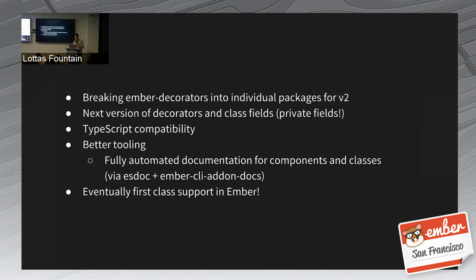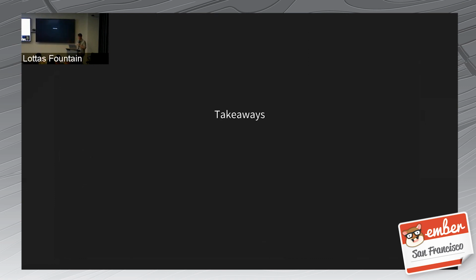Or @type, whatever. And then eventually first class support in Ember. At some point, I'll probably have an RFC to bring decorators into Ember. And when that happens, we'll keep the Ember Decorators project going for a while, maintain support, but slowly move people off of it.